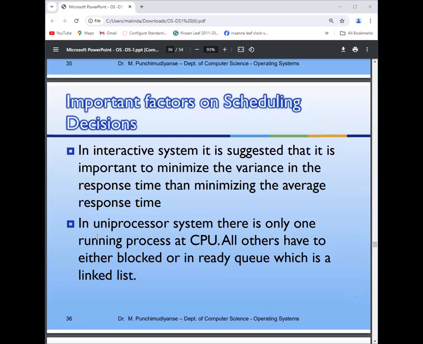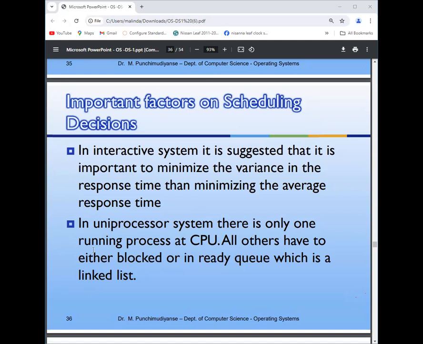And in a uniprocessor system, uniprocessor means a single processor having one core, there is only one running process at the CPU. All others have to be either blocked or in the ready queue, which is a sort of a linked list. You have learned about the linked list in your data structures course in the first year. Hope you know what a linked list is.